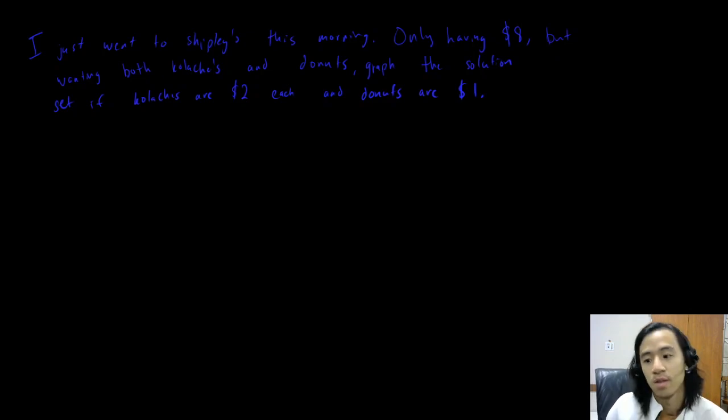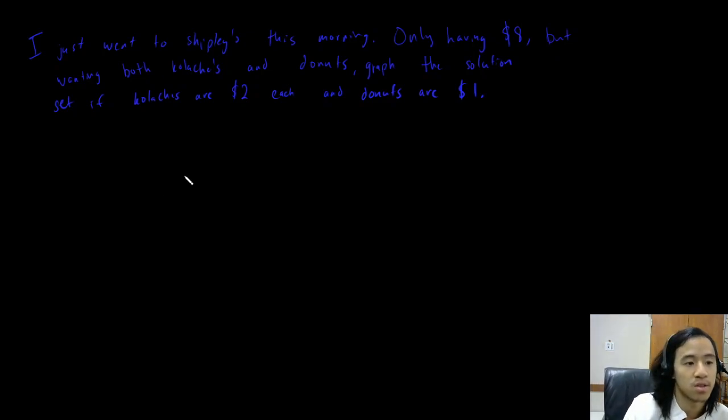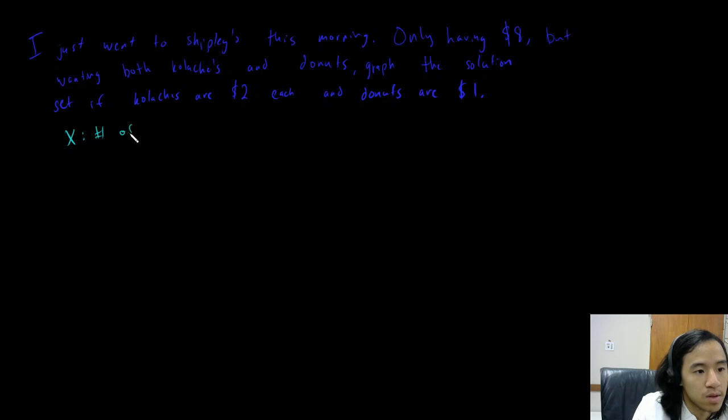Okay, so let's go ahead and graph this. So I want both kolaches and donuts, right? Okay, so let's define our variables. Let's say that x are the number of kolaches, and then y will be the number of donuts.